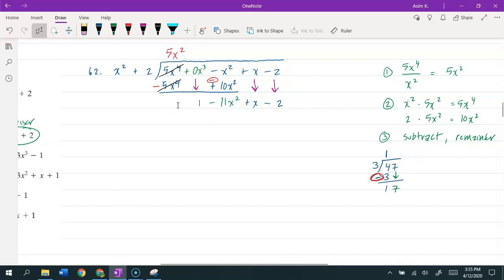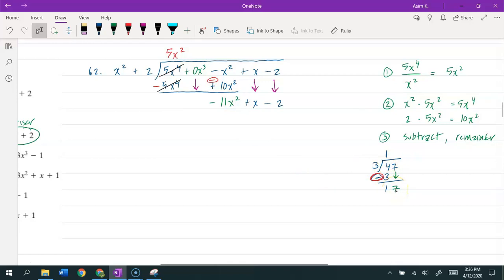And basically at this stage, you repeat the same exact algorithm. That's the nice part. You ask yourself, okay, how many times does x squared go into negative 11x squared? Just like over here, you would have asked, how many times does 3 go into 17?